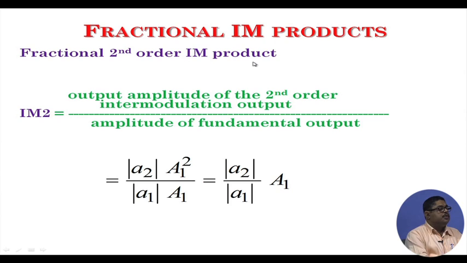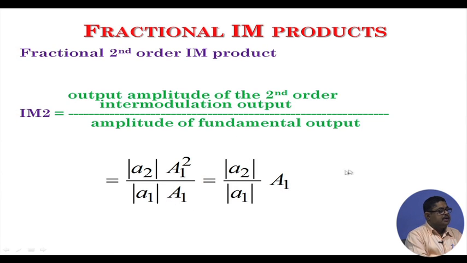Now, also let us calculate the fractional second order IM product, intermodulation product. What is second order intermodulation product? Output amplitude of the second order intermodulation output divided by amplitude of fundamental output. So, second order intermodulation in two tone test, when we made A2 is equal to 0, we do not have, but this is the harmonic term, this is the actual term, linear amplitude of fundamental output.